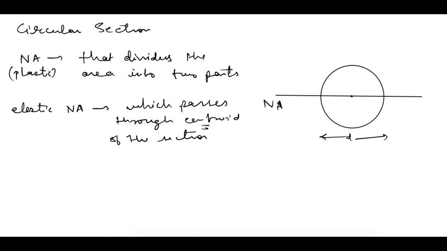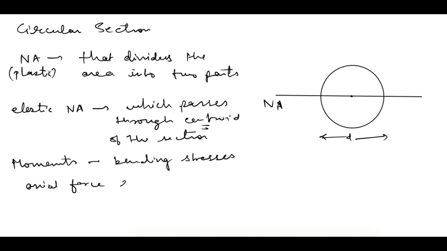The reason for that is we assume in the elastic analysis that we are only talking about the moments or the bending stresses, and we neglect the effect of axial force and shear force. And because of this reason, the neutral axis passes through the centroid of the section. That I am talking about the elastic neutral axis.